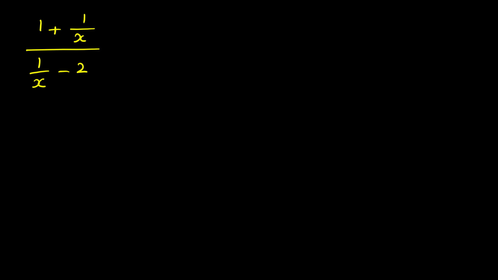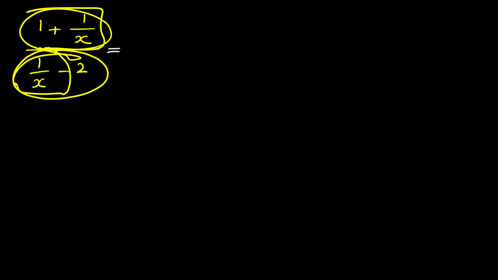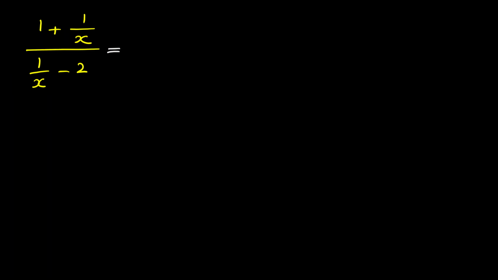For simplifying this compound fraction, you can start by adding these two and subtracting these two, then divide the numerator by the denominator. This is one way. The other way is to try to get rid of the denominators, not adding or subtracting in the numerator or denominator. Then divide the numerator by the denominator.